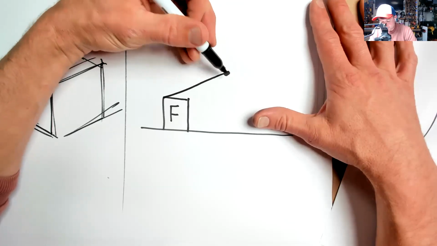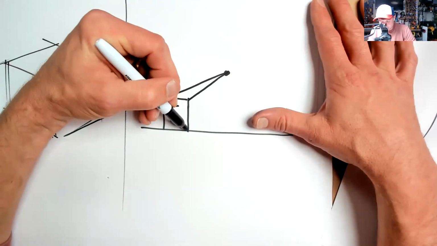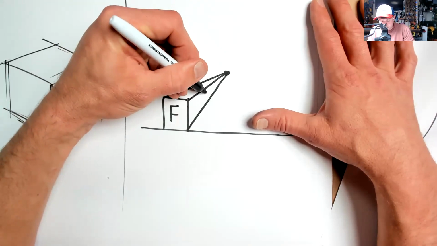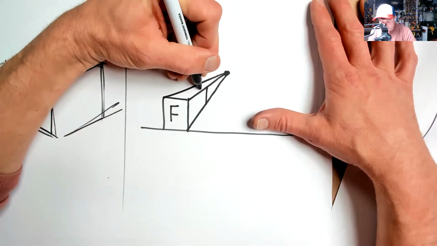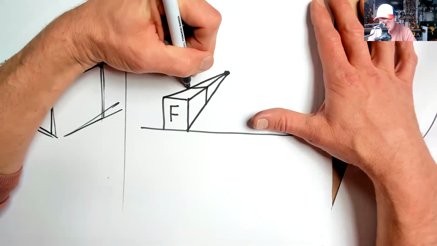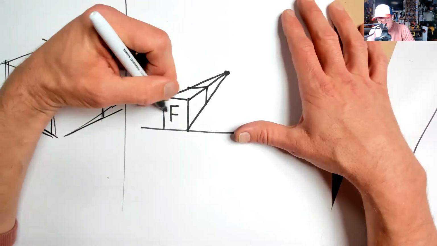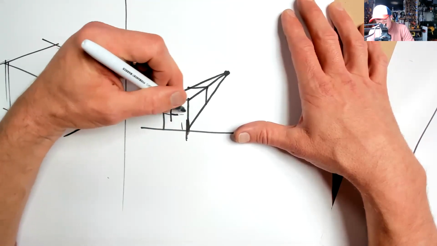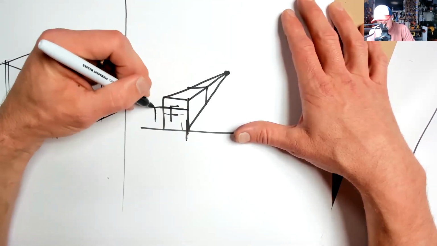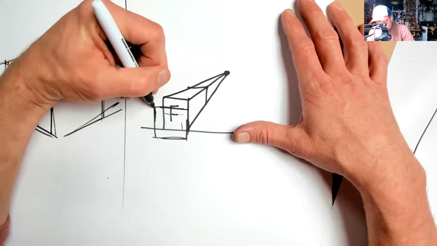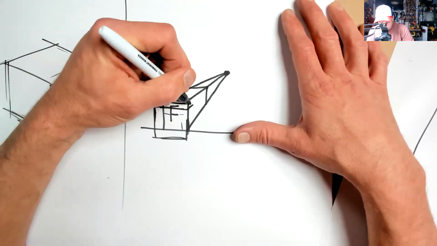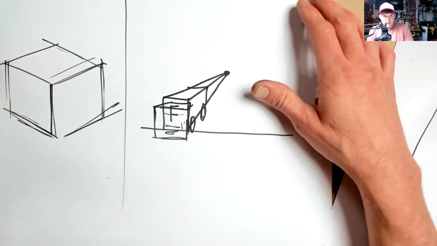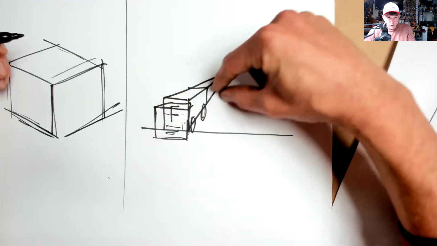Then from there, you map out the rest of the thing you're drawing. If this was some type of truck, that could be the back of the truck, and maybe there's the front of the truck. A tractor trailer coming down the highway, disappearing to 1 point.